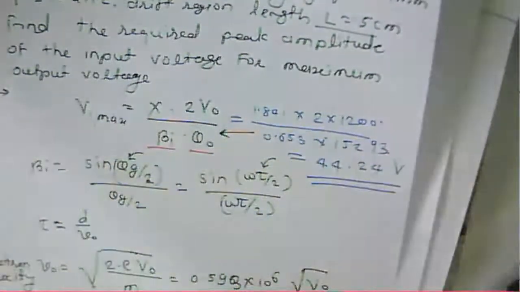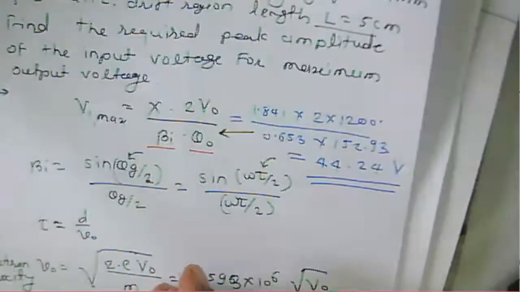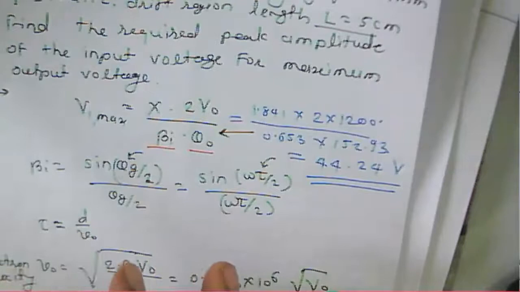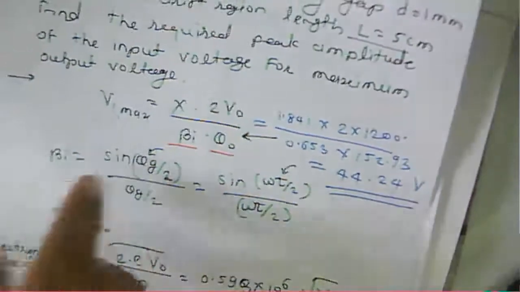That is the expected answer. V1 max is equal to your answer. So this one is about your two cavity klystron, and we obtained the values.